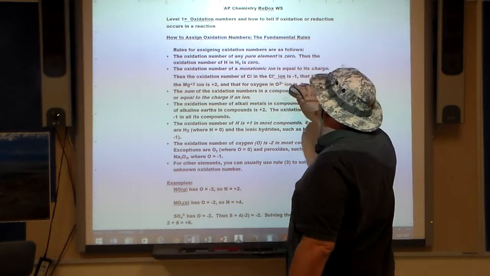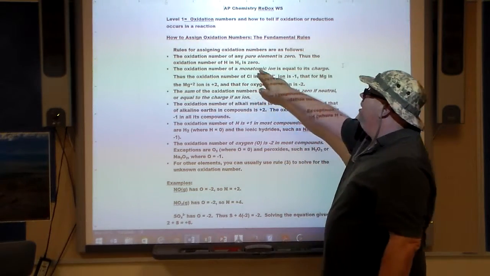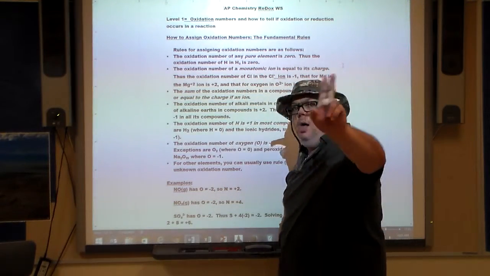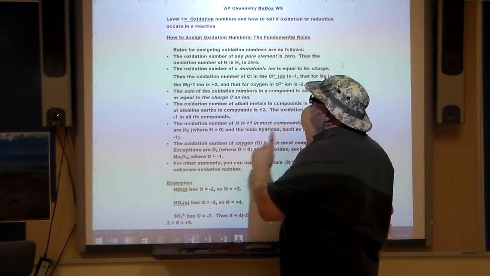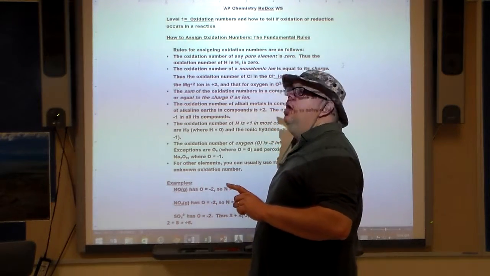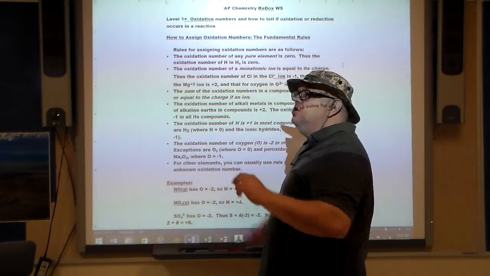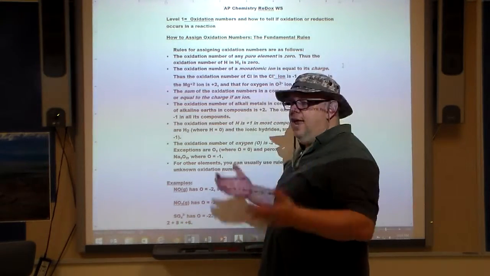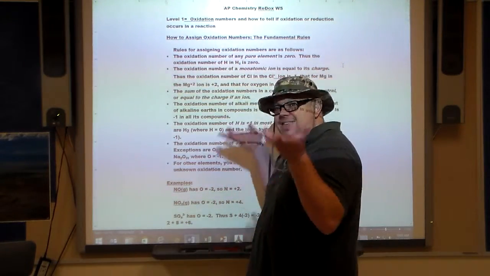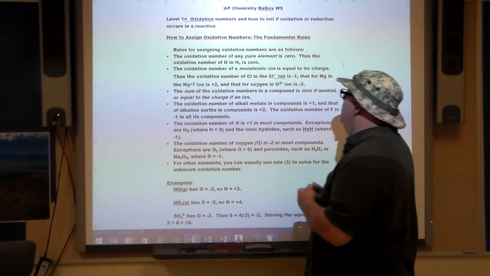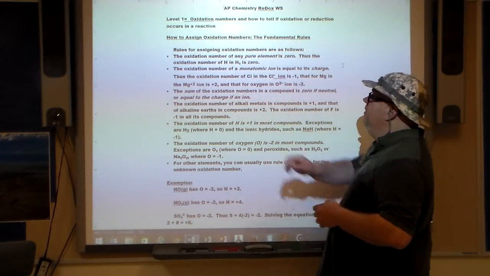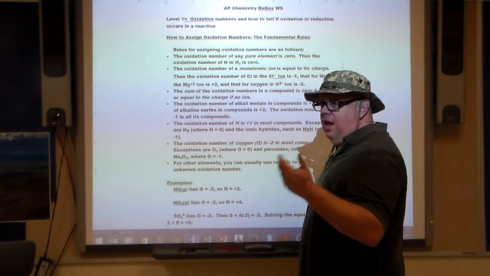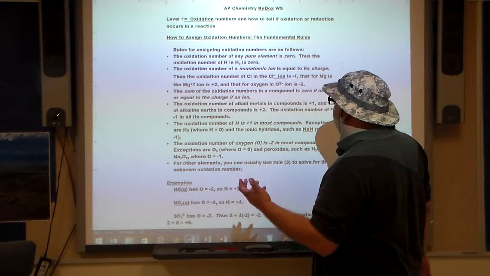The oxidation number of a monatomic ion. Well, what do we mean by monatomic? One atom. The oxidation number of a monatomic ion is equal to its charge. So if a monatomic ion, like sodium for example, has a +1, that's the oxidation number for the sodium. The oxidation number of chlorine in the chloride ion, Cl-, is a -1.